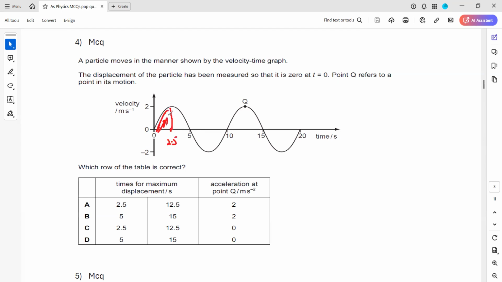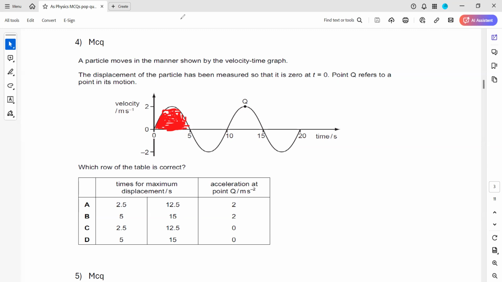This will be the area under the graph. But when I take the displacement for 5, what will be the total area under the graph? This will be the total area under the graph from 0 to 5. So which has a maximum area under the graph, at 2.5 or 5? At 5, it has the maximum.